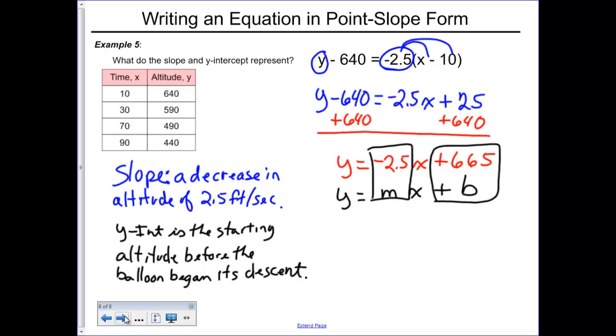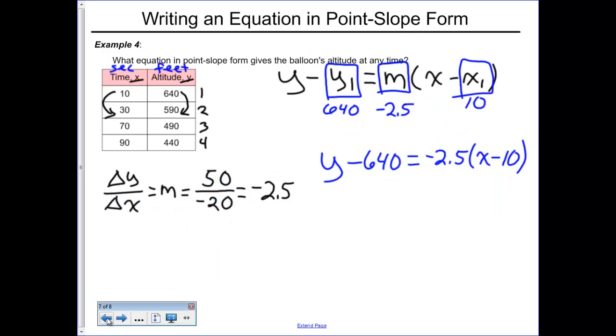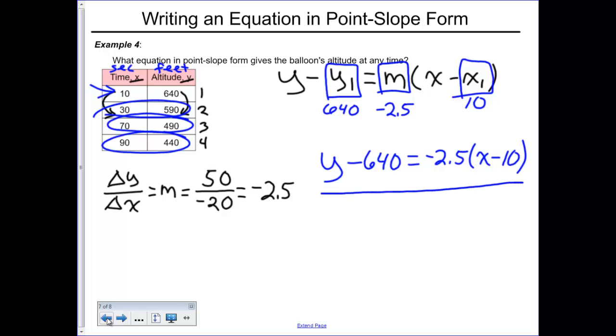By the way, if we look at this equation right here, this is our slope-intercept form of the equation. If we'd chosen on the previous slide any of these other 3 points, remember we started with the one on top, this equation here would be slightly different in appearance.